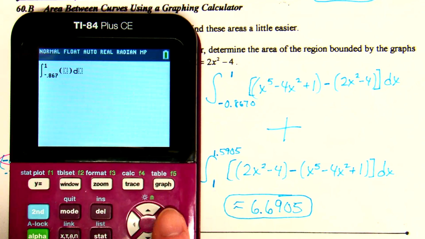Now, when you plug this in, I have 2 sets of parentheses, yes? You can do the 2 sets of parentheses. It might be easier, so you don't have as many parentheses, to just distribute your minus. Does that make sense?